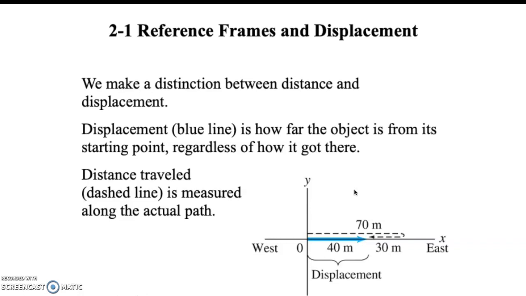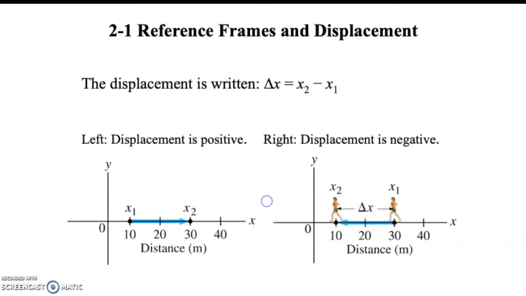So displacement here would be final position minus initial position. Distance traveled is the dashed line, which means this person walked all the way here and then walked back. So the distance traveled is how you got there. The displacement is from where you start to where you finish. Again, displacement is a vector with a direction, distance is a scalar with no direction.